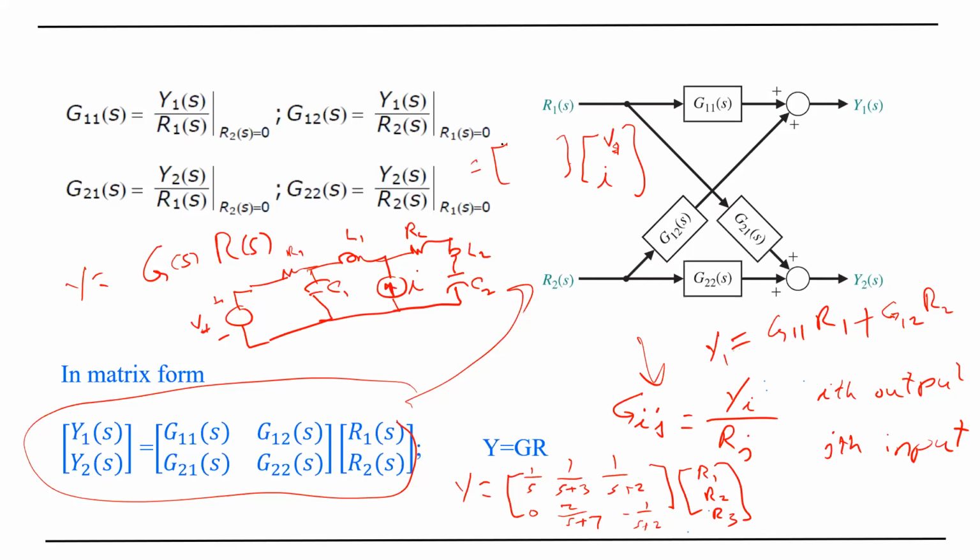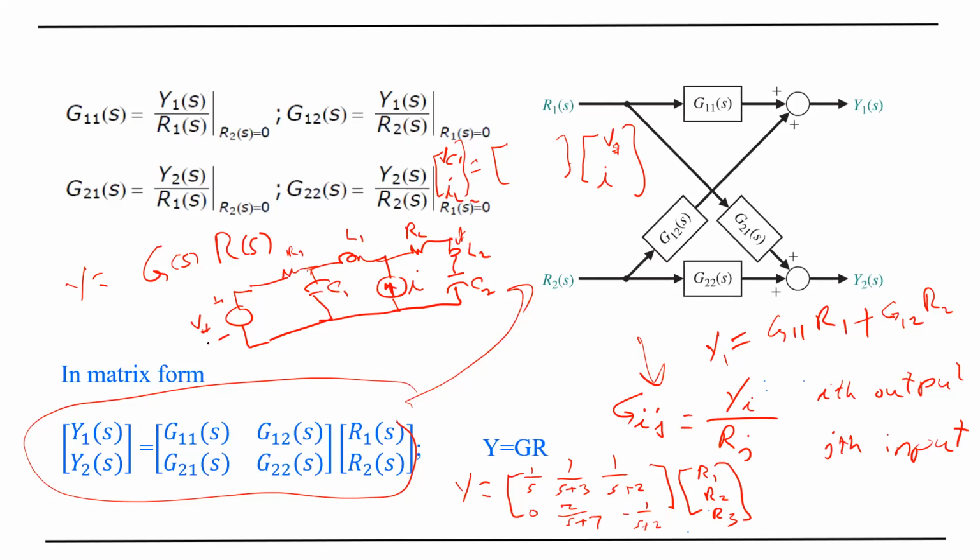Suppose my outputs will be VC1 and IL2. What is the dimension of my matrix?